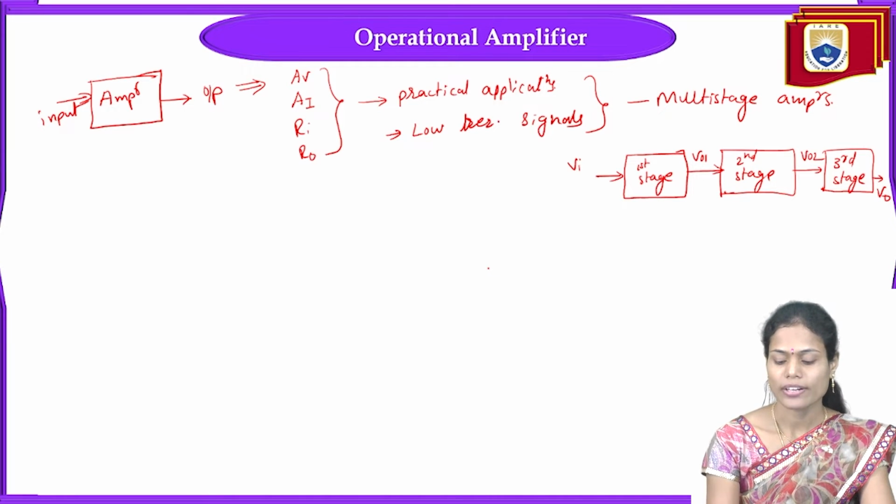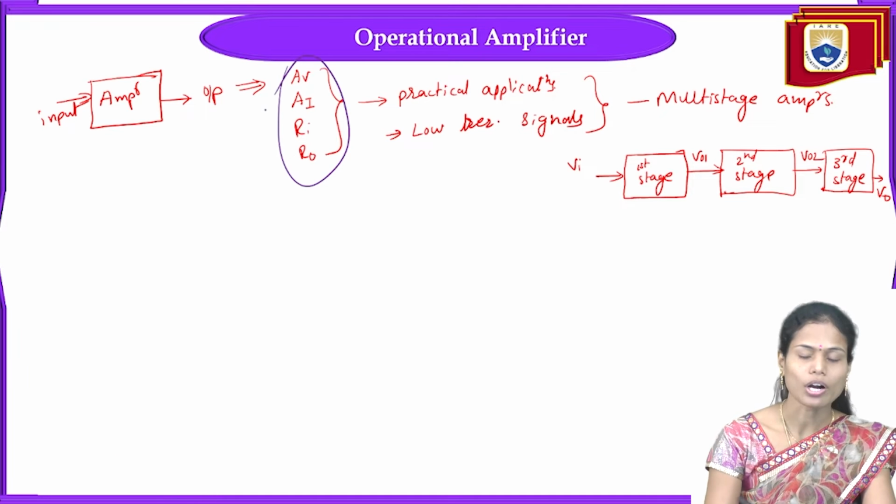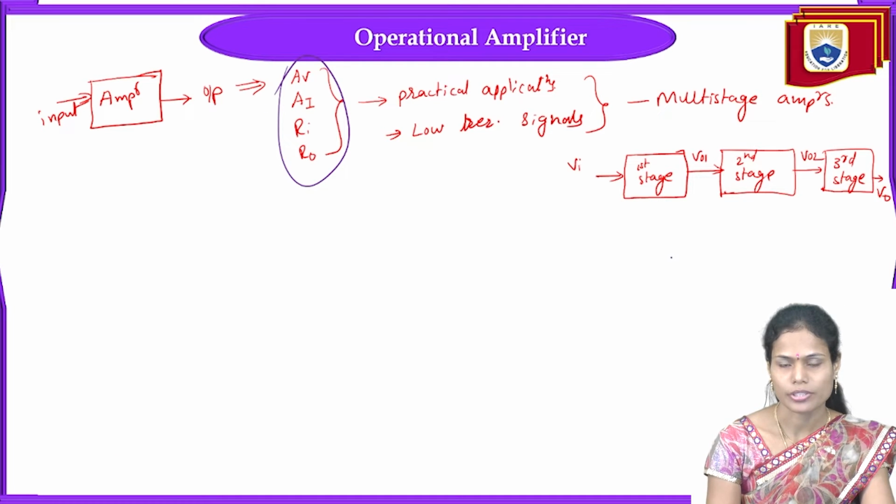What is the advantage of cascading a number of single stage amplifiers? We can improve all these parameters, all the transistor parameters, when we cascade different stages of single stage amplifiers.